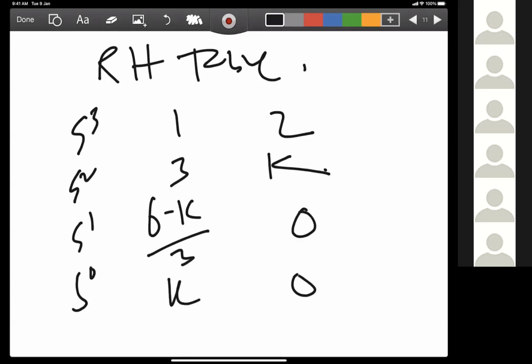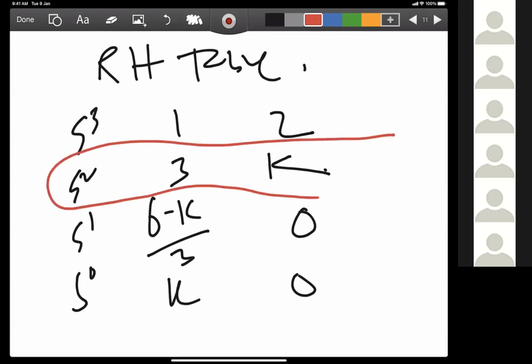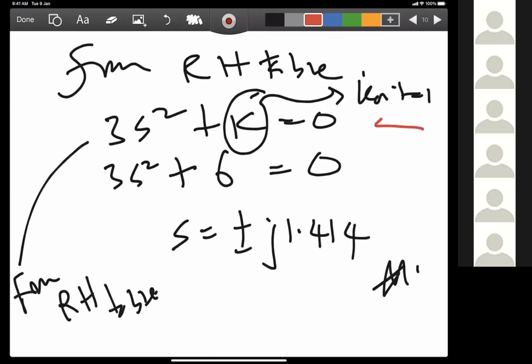So the 3s squared plus K comes from here. You find this K first, which is the K critical, then you insert it into the equation to get the value of S.